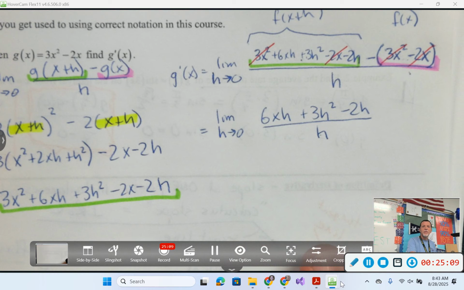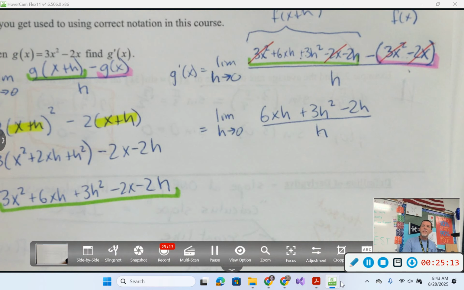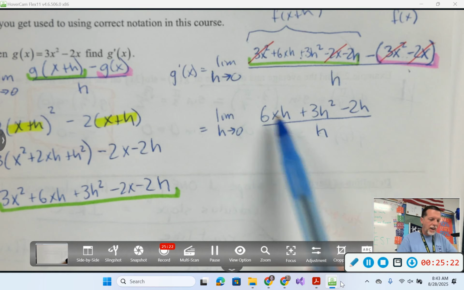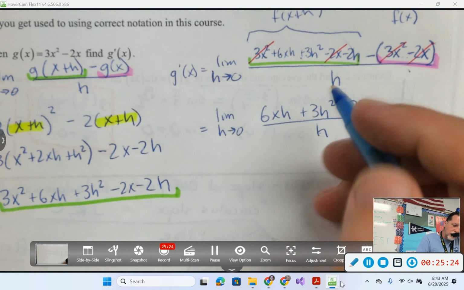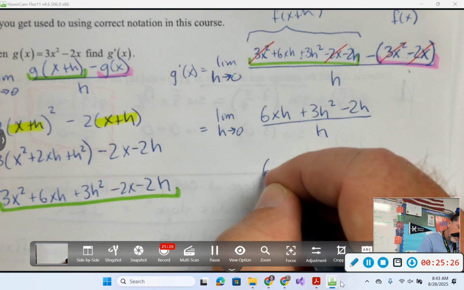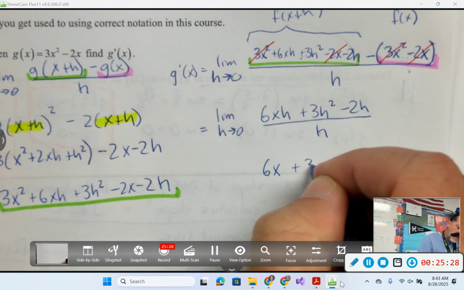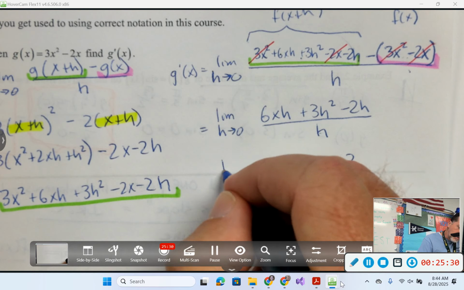Hopefully this doesn't blow your mind like it did my Algebra 2 students. We were doing all of this just without the limit statement, working on their algebra. Graham? That would be the h from divide by h. We can divide everybody by h. Like all of that's over h, so if we divide them all by h, we get 6x plus 3h minus 2.